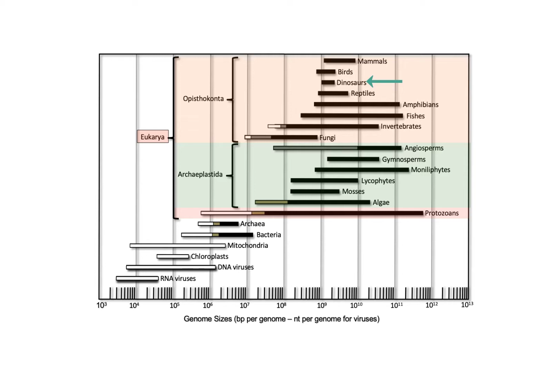And so this group of researchers then determined sizes for stegosaurs and other dinosaurs. And interestingly enough, they match up pretty well with reptiles and also with birds. And birds are one of the sister groups to dinosaurs that branched off a couple of hundred million years ago.